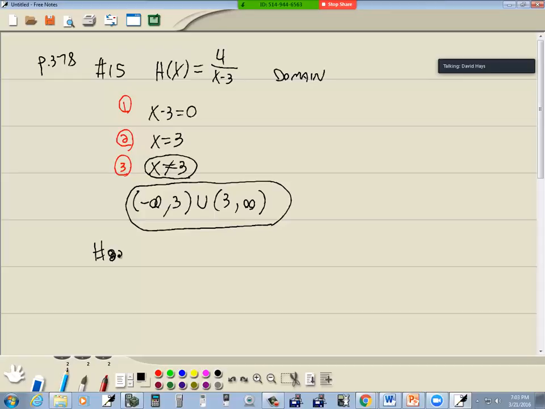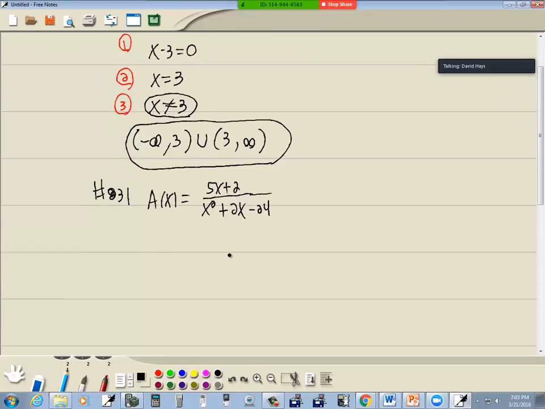Let's take a look at 31. I got a of x is equal to 5x plus 2 over x squared plus 2x minus 24. Same instructions. Want to find the domain.